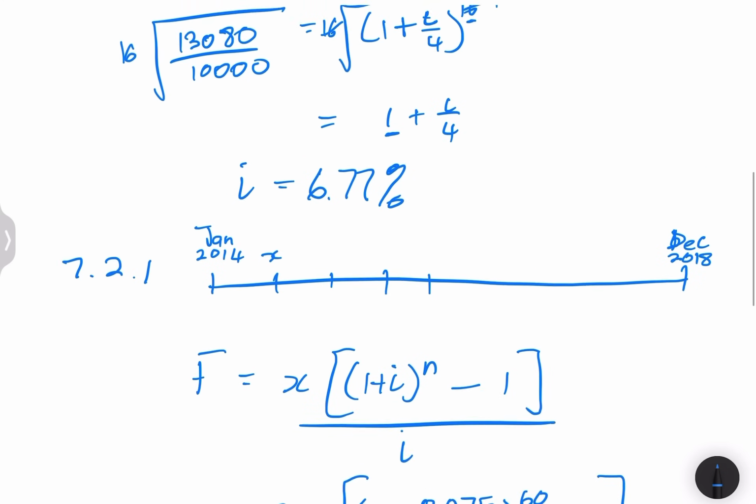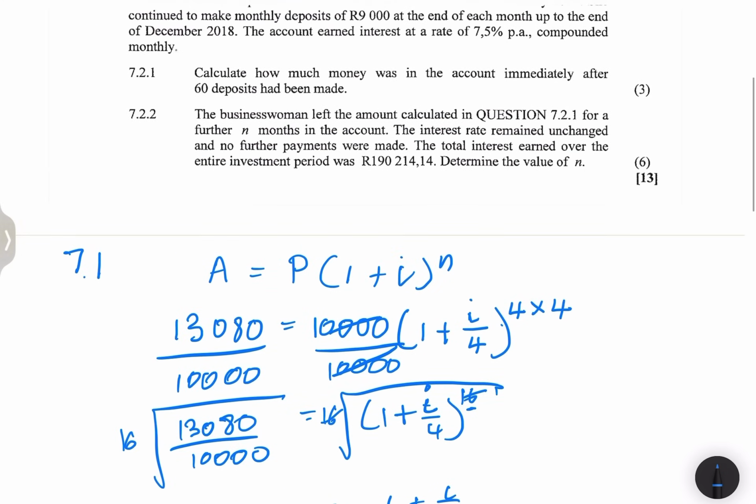And now they say the interest rate remained unchanged. So we remember that we still have an interest rate of 7.5% per annum, and just remember that it's compounded monthly, right? And then they say no further payments were made.